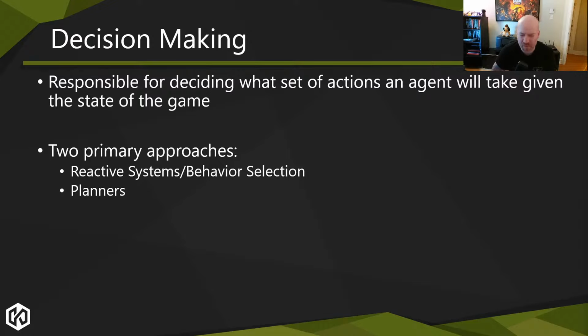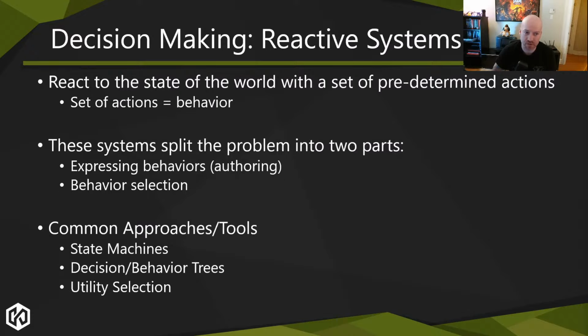We have primarily 2 ways of solving this problem. The one is the more traditional reactive systems, behavior selection mechanisms. That's like running a behavior tree, checking a state machine, running some rule-based system, that kind of thing. The other approach is to actually have a planner. And we're going to discuss both of these in comparison.